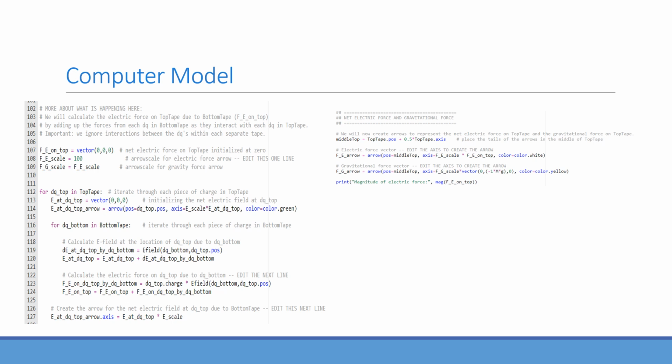And then in this section, we go through the different iterations of the charges in each tape, taking each infinitesimal charge throughout the tape, summing all of that together, and then using the Coulomb's law and the force created by line charge equations in order to obtain our final results.